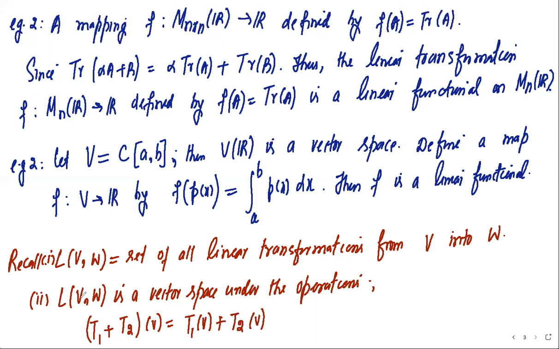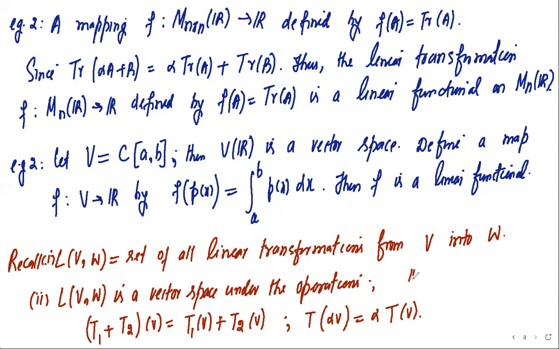So this was the internal composition on L(V, W), and then the external composition was defined in this way: (αT)(v) was defined to be equal to α times T(v). Under these binary operations, this L(V, W) forms a vector space.